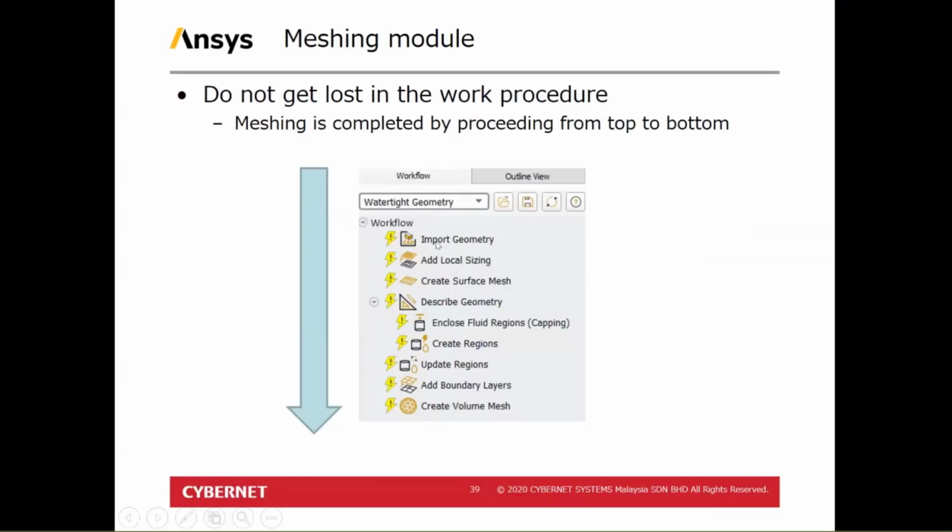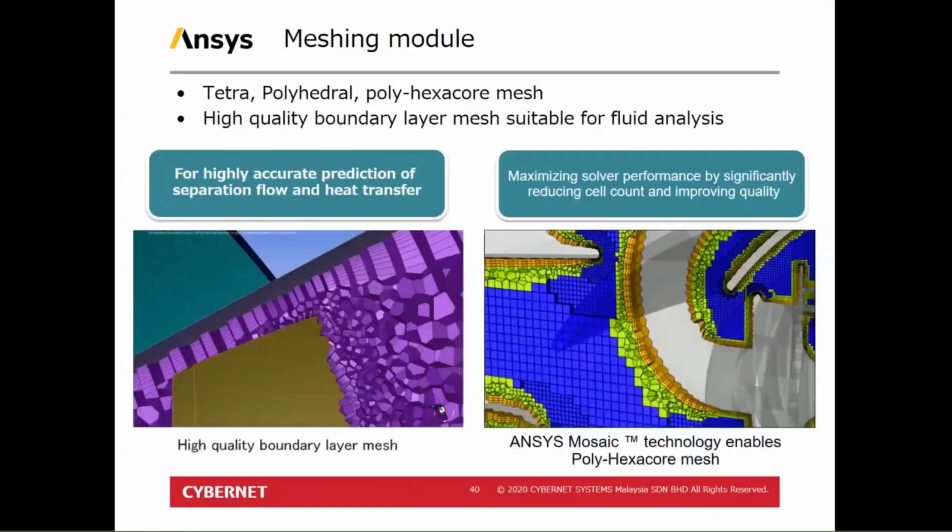Step by step, you set the meshing settings. By using this workflow, you can get several types of volume mesh, like tetra, polyhedral, and poly-hexcore. And you can also add a boundary layer mesh like this, which is needed for good quality CFD results.